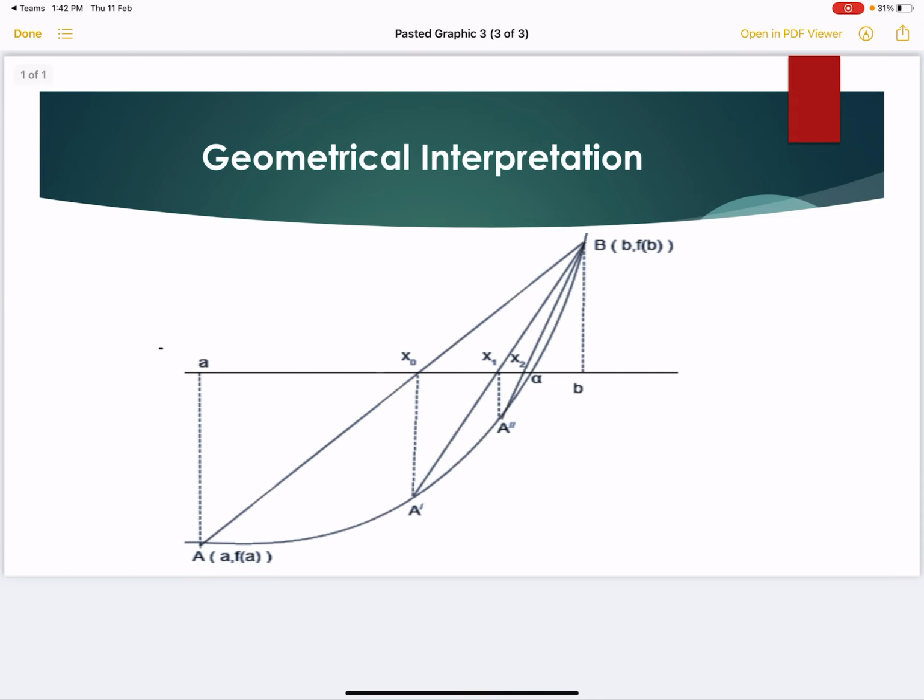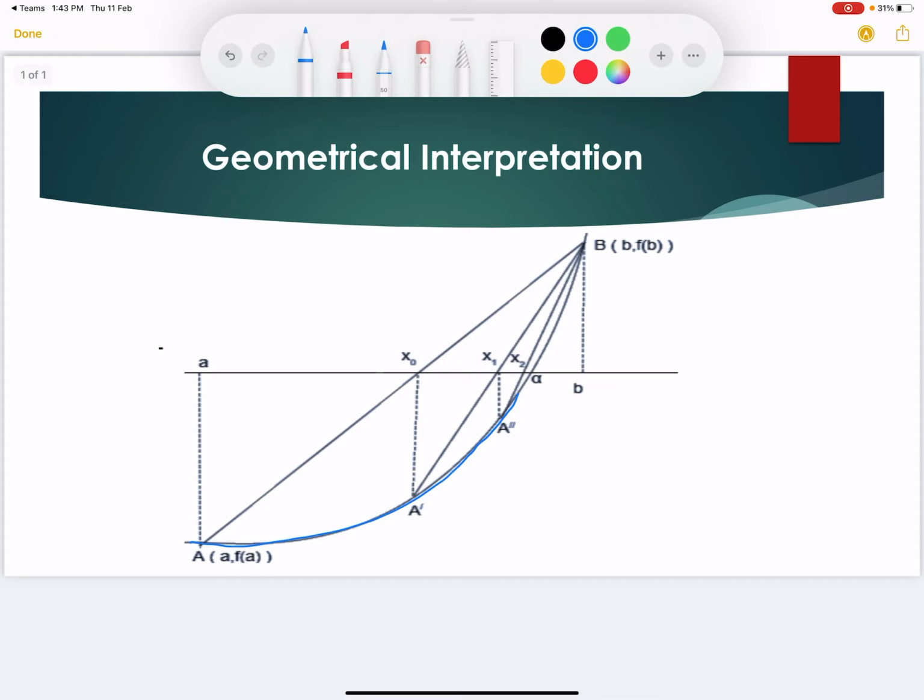Let us discuss the geometrical interpretation of the regula falsi method. First, let y is equal to f(x) be a function. This is our function, represented by the curve A to B. We have to find the root of f(x) is equal to 0.